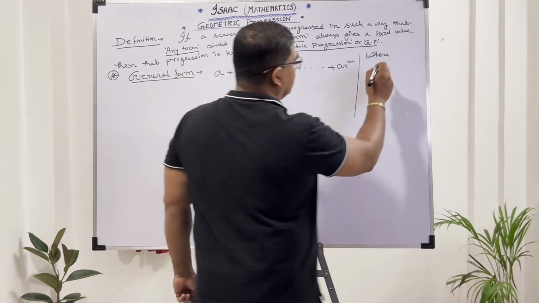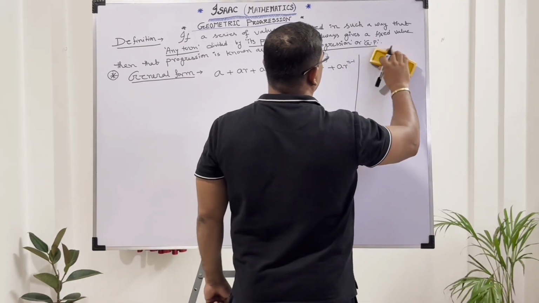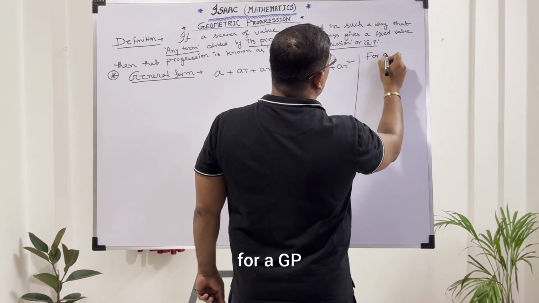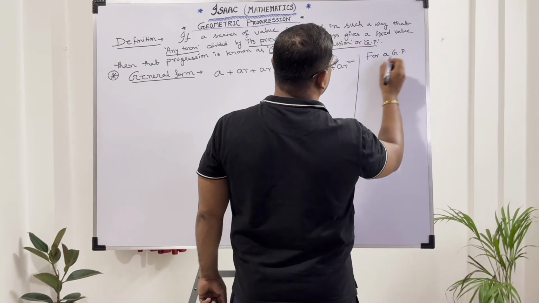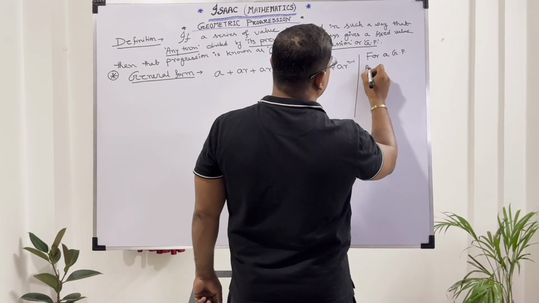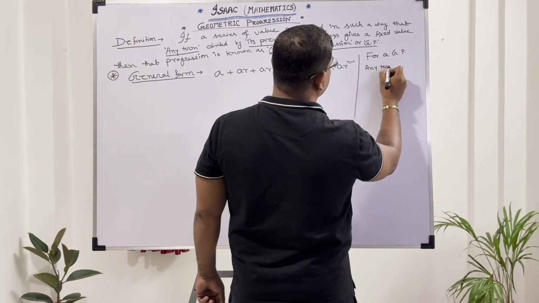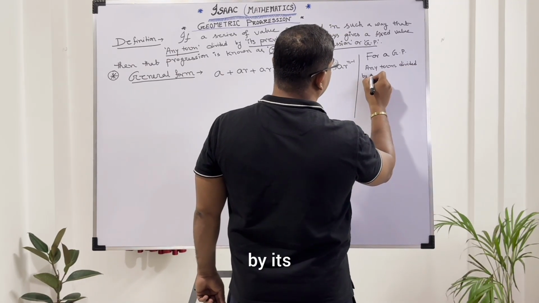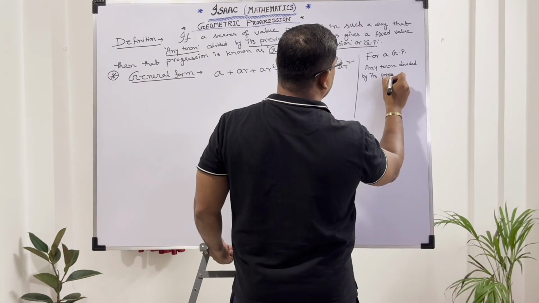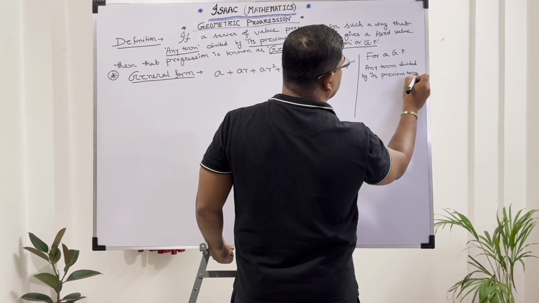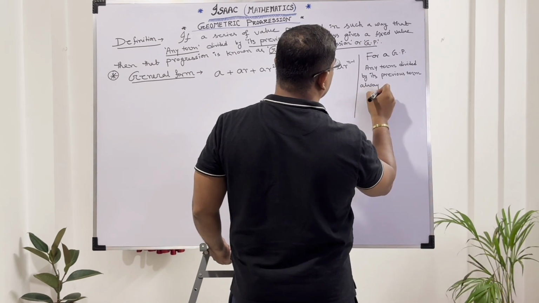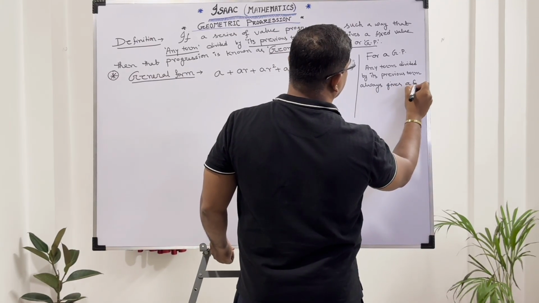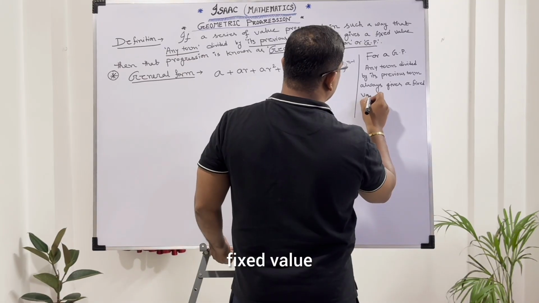Okay, so for a GP, any term divided by its previous term always gives a fixed value.